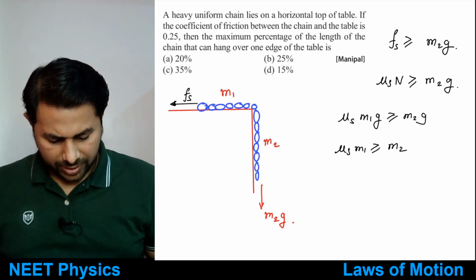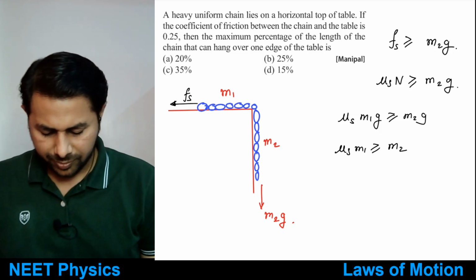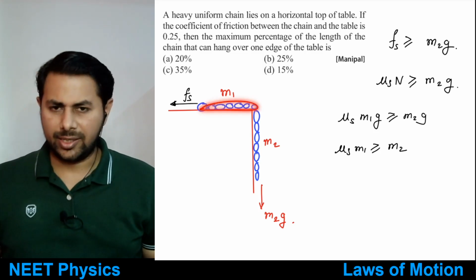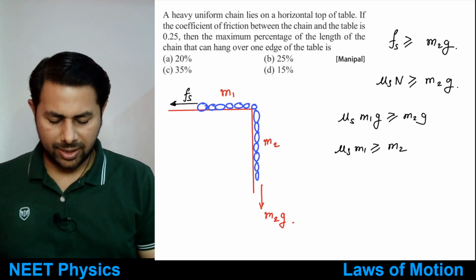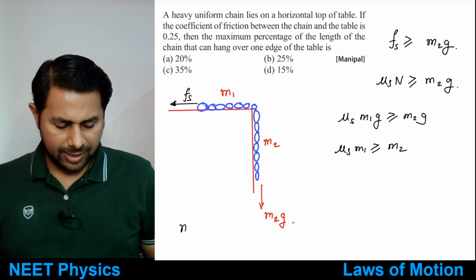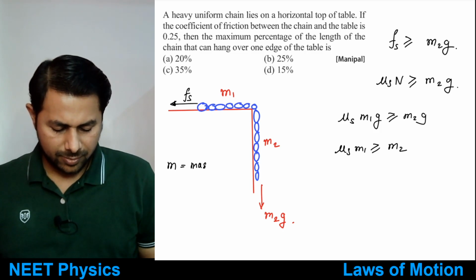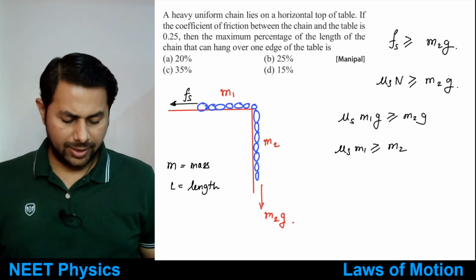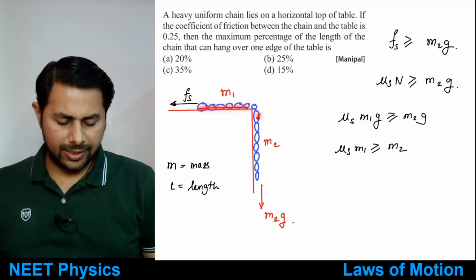Okay. And then how to find out the percentage? It's very simple. The mass of this chain is directly proportional to length, if the thickness is equal. So I can say the total mass is m and the total length is L. So m is just equal to this mass plus this mass, and the total length is this length plus this length.